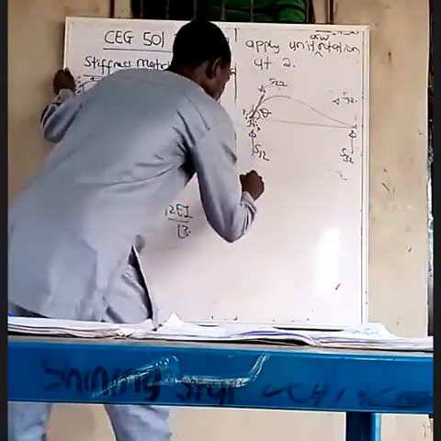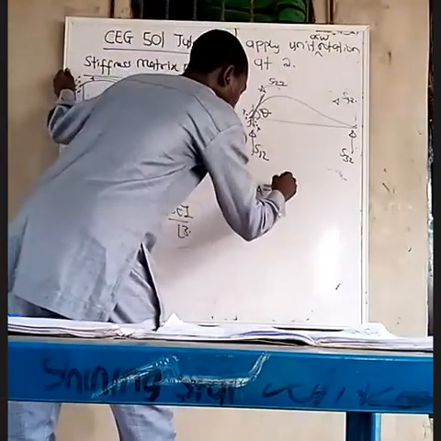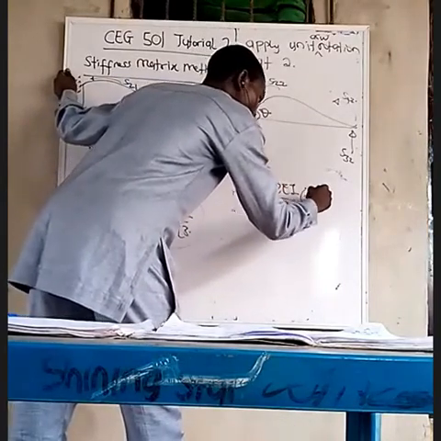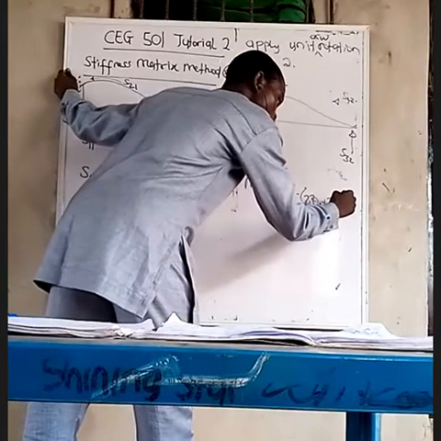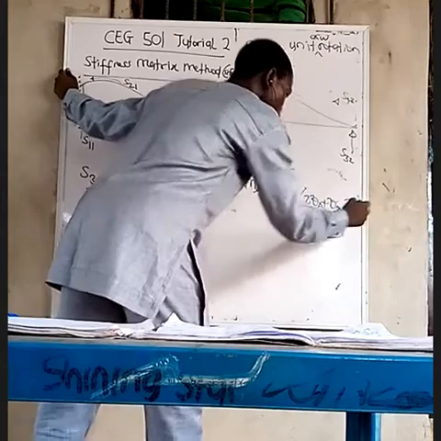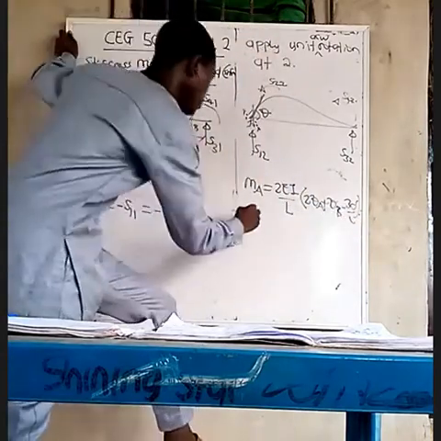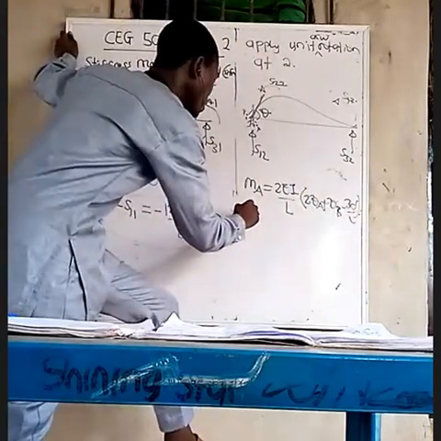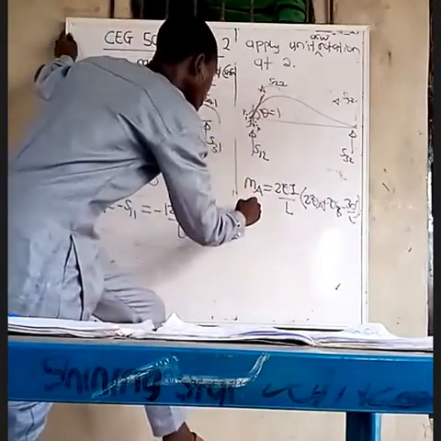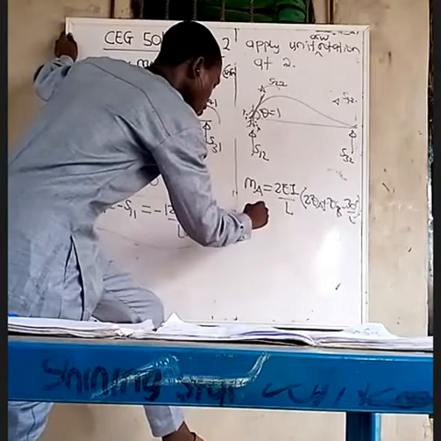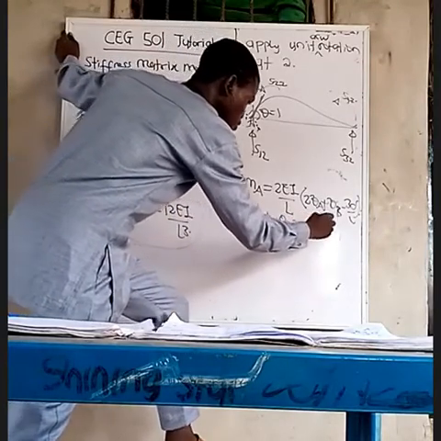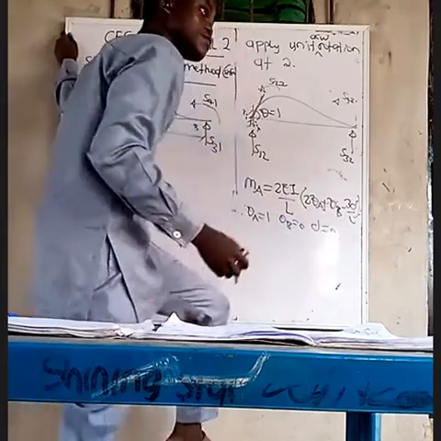Okay, so MA is equal to 2EI over L into bracket 2 theta A plus theta B minus 3 delta over L. Now since we are applying a unit rotation here, theta A will be equal to 1, theta B is equal to 0, delta is equal to 0.